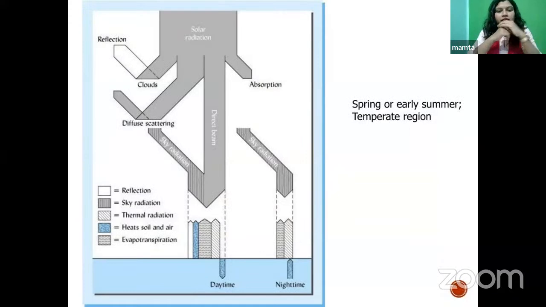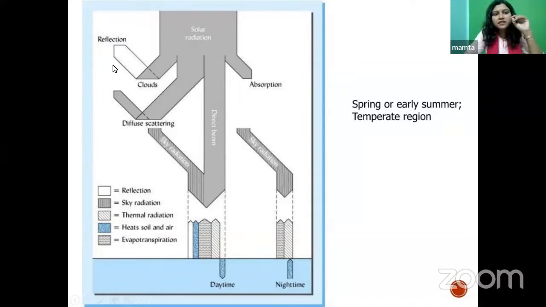See, the solar radiation is incoming. This is now the different forms of reflectance. As the solar radiation comes as a direct beam, it gets reflected by the clouds, and there is the term diffuse scattering.